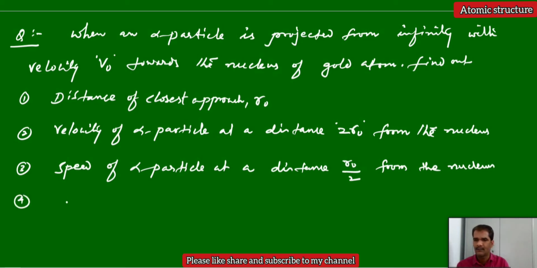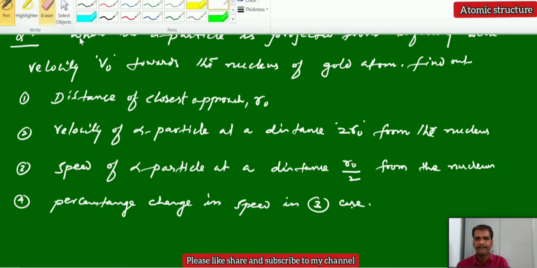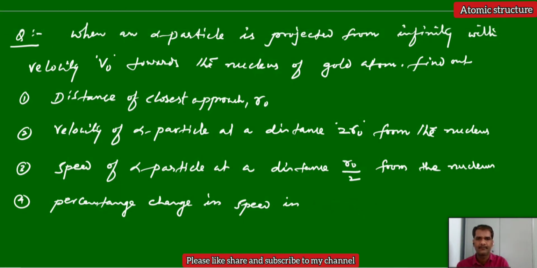And the fourth one, the percentage change in speed, in the third case, the percentage change in speed of the alpha particle in case 3. So these are the 4 different types of questions.